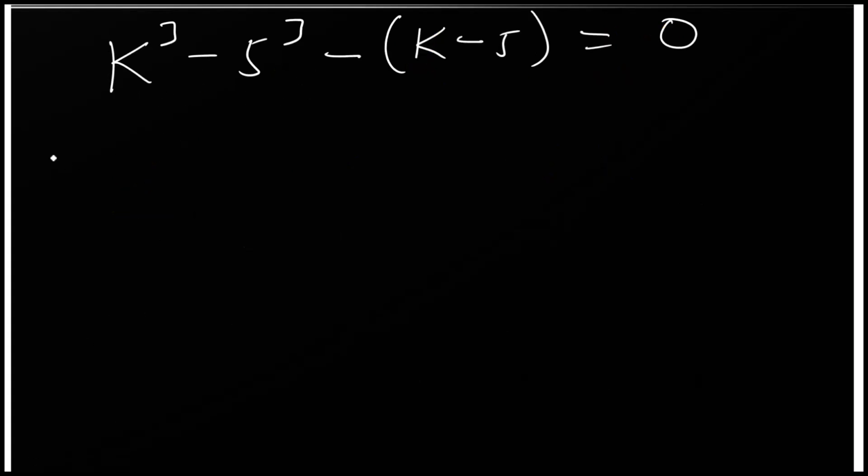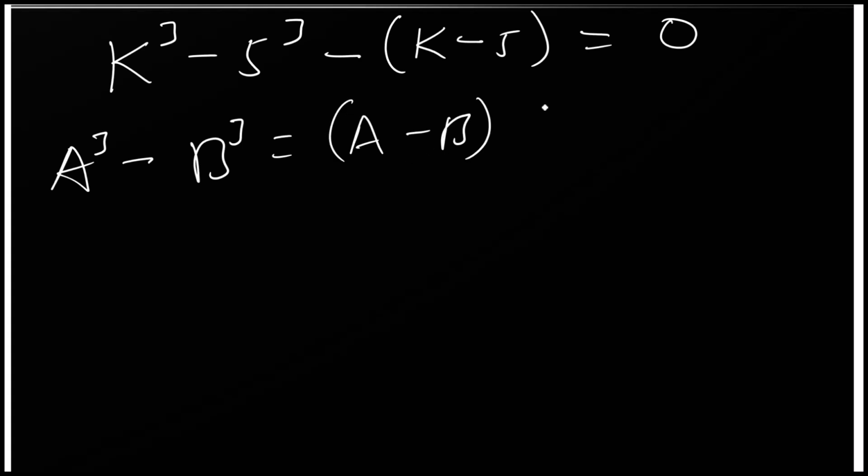So we have a difference of cubes: given a cubed minus b cubed, it is the same as (a minus b) times (a squared plus the product of the two, ab, plus b squared).